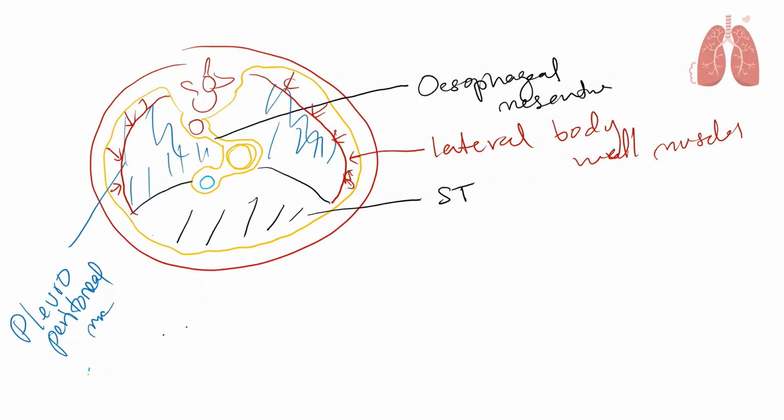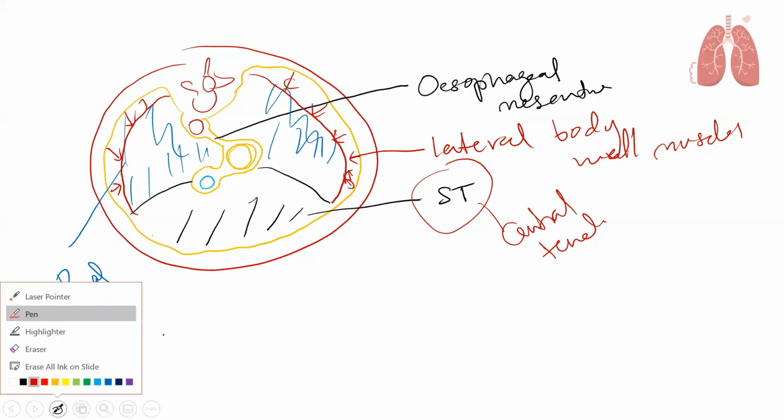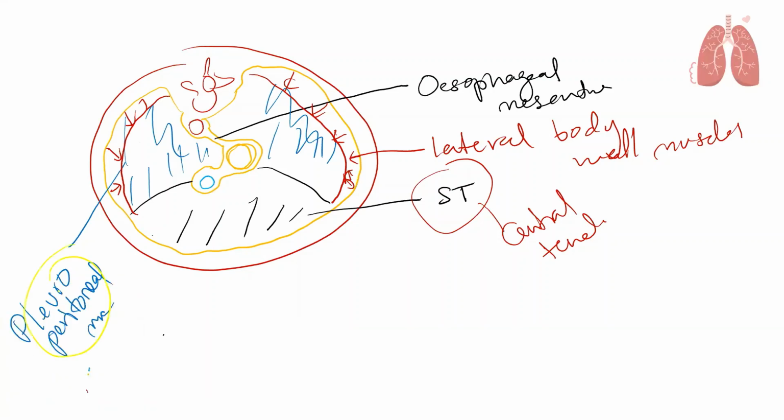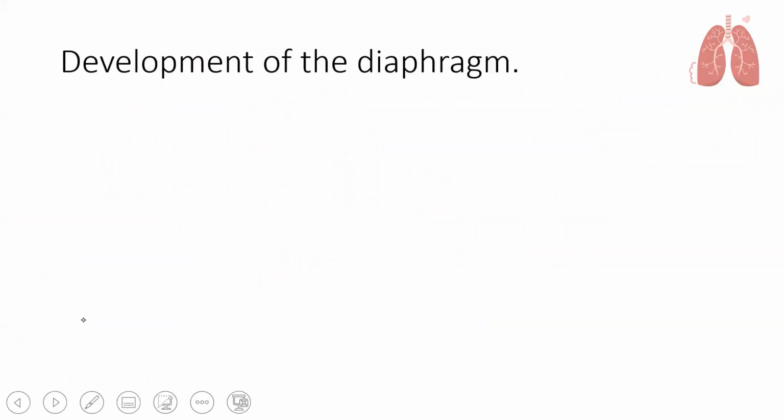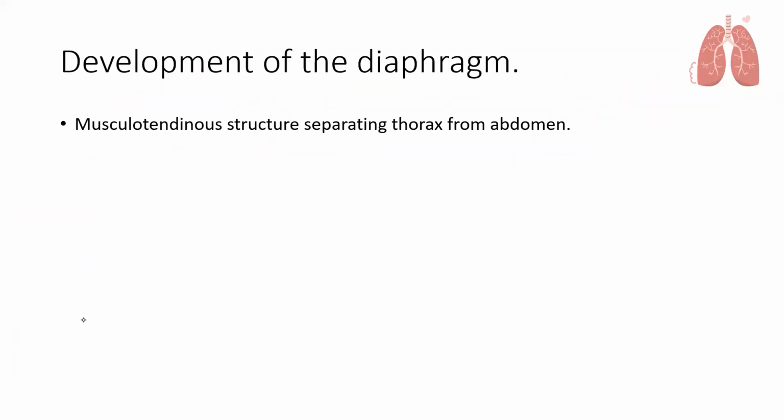So this septum transversum makes up the central tendon. The pleuroperitoneal membranes and the lateral body wall muscles make up the musculotendinous domes on either side, and the esophageal mesentery forms the pleura. So the diaphragm is a musculotendinous structure which separates the thorax from the abdomen.